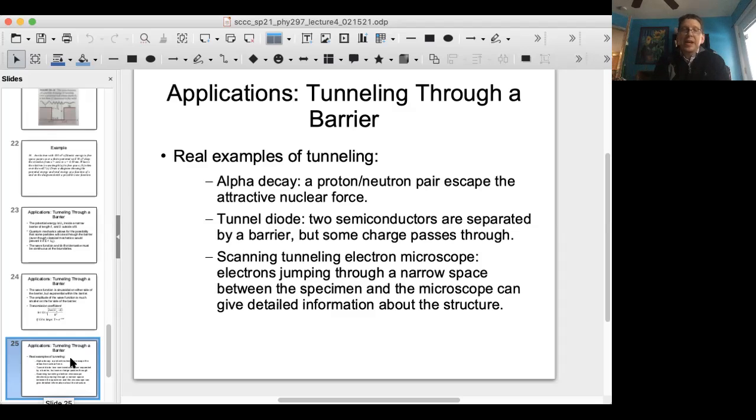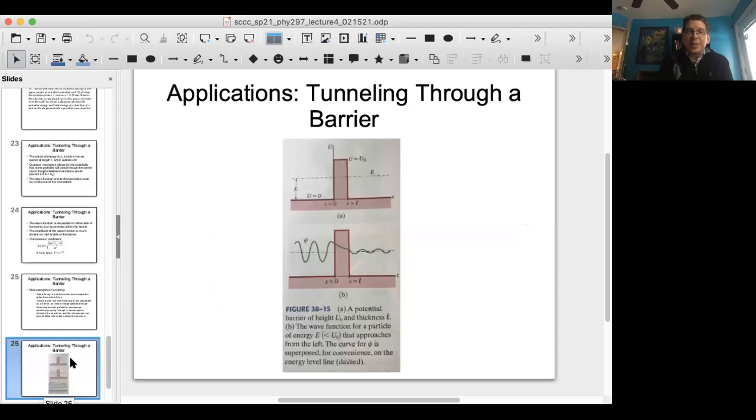You can also have what's called a tunnel diode, where you have two semiconductors separated by a barrier, but some of the electrons pass through and get to the other side. And then you have the scanning tunneling microscope, where the electrons jump through a space between the specimen and the microscope, and can give information about whatever structure is being scanned. So there are some real examples of tunneling and some ways to exploit the possibility of quantum tunneling.